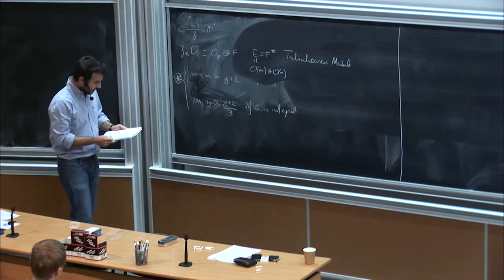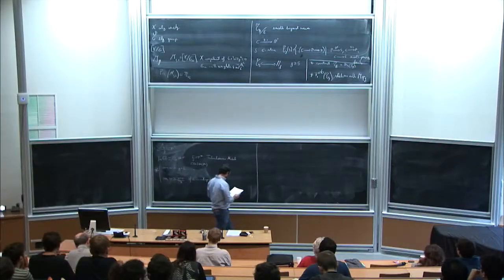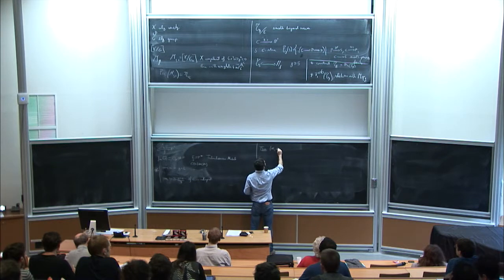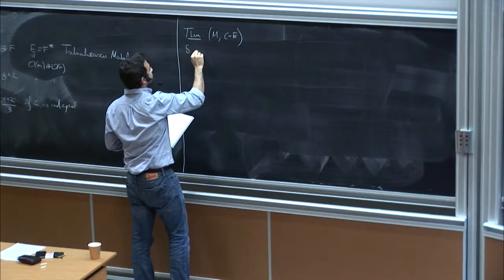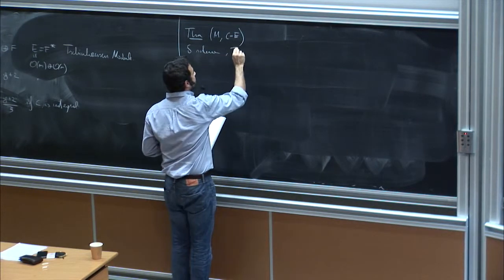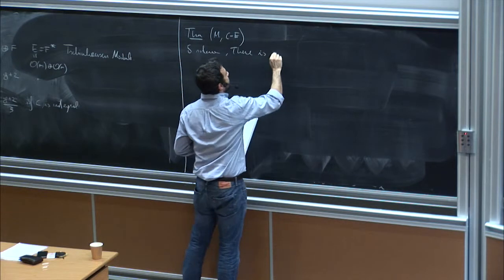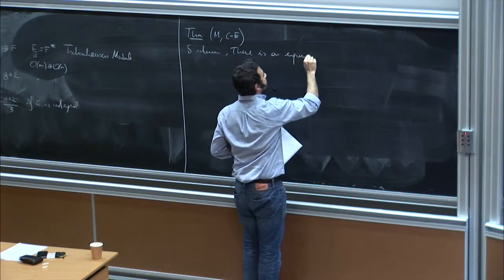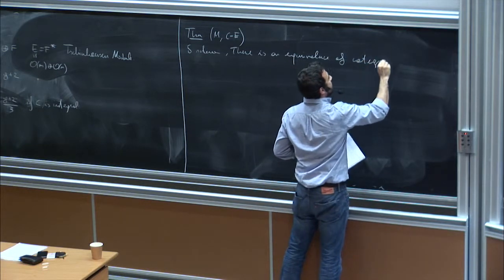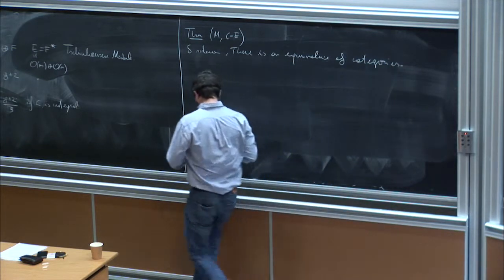Okay? So more generally, there are theorems by Miranda, Casnati and Ekedahl that give an equivalence. If S is a complex scheme, there is an equivalence of categories between the two following categories.